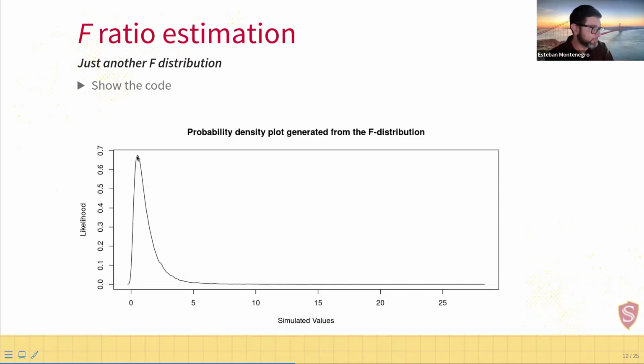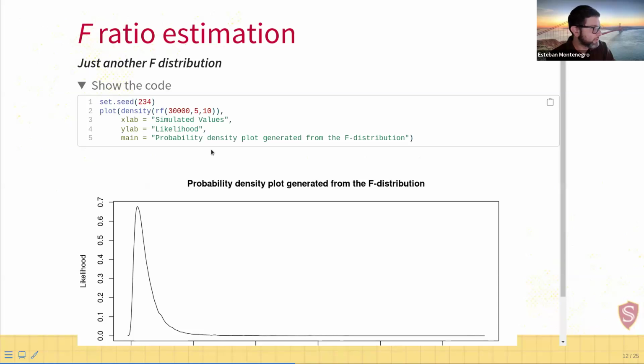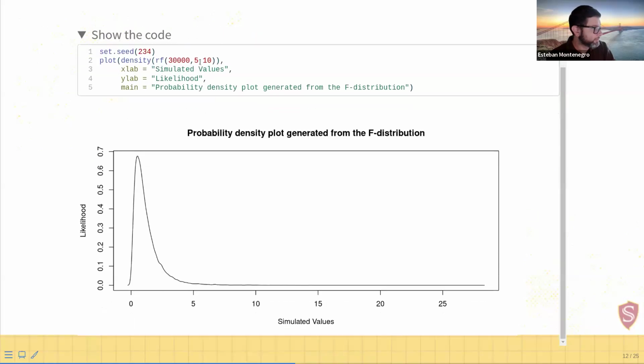In this case, it's around 4 point something right here. Yeah, around 4 is the mean. It's kind of a weird distribution.